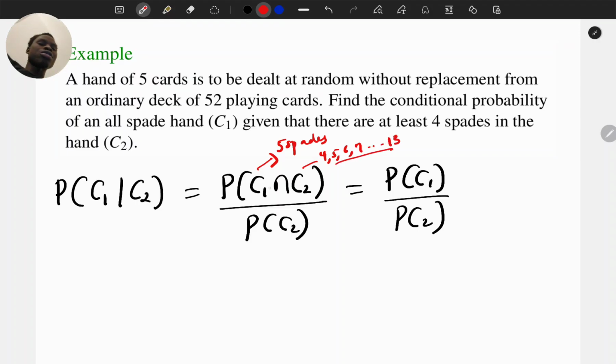So 5 intersection this will actually give us 5, and that's why we have that.